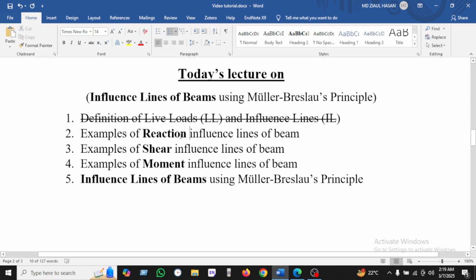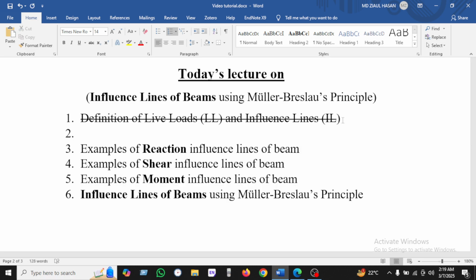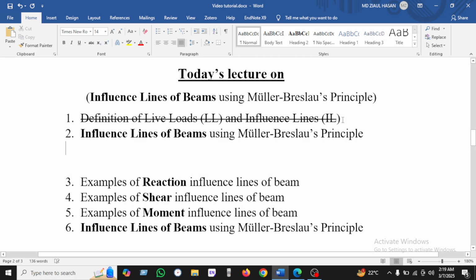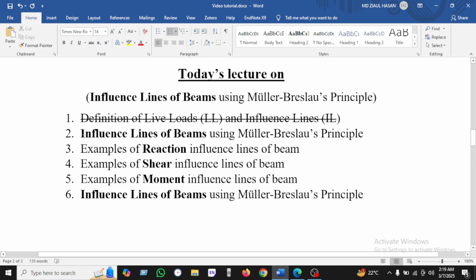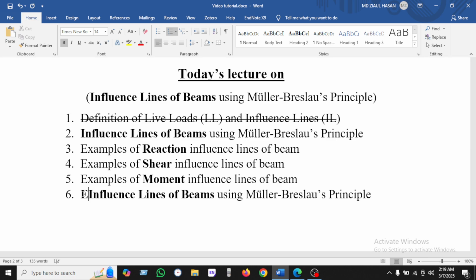So now we can see here the Müller-Breslau's principle. Okay, we can also read the definition.